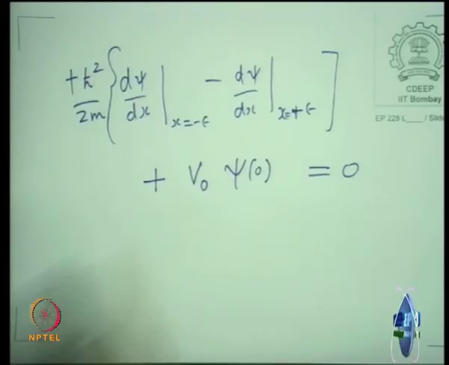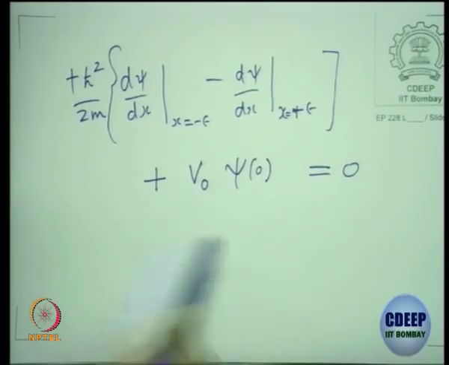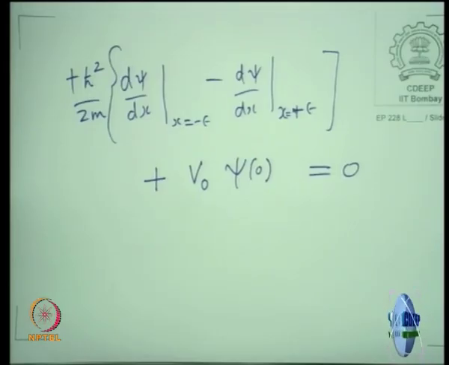If you know the wave function at 0 and V naught is the factor multiplying the delta function potential, I know exactly the amount by which there is a discontinuity in the derivative of the wave function.